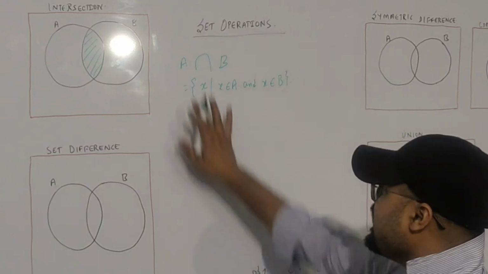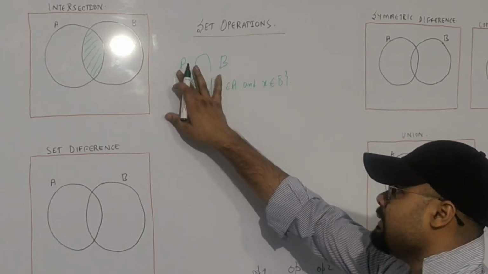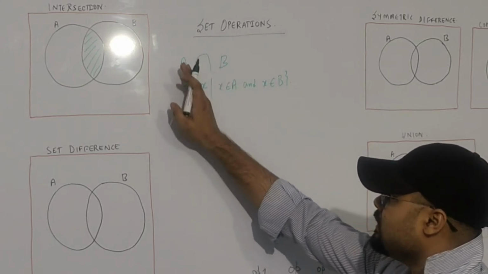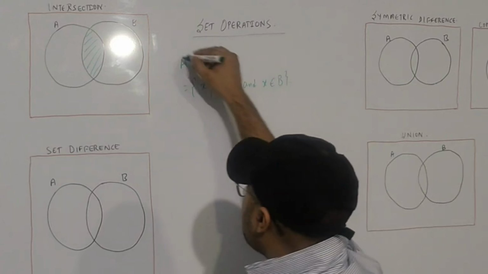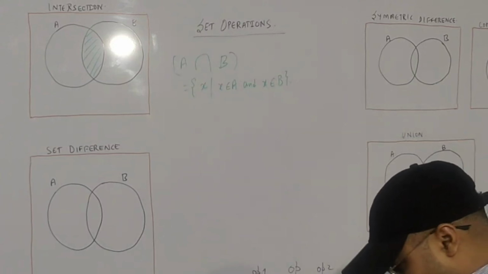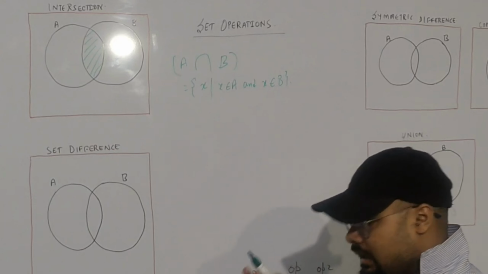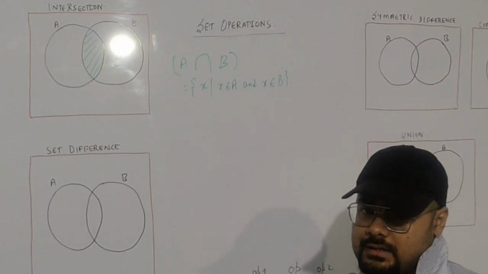When you apply the intersection operation between two sets, the ultimate result is a set.